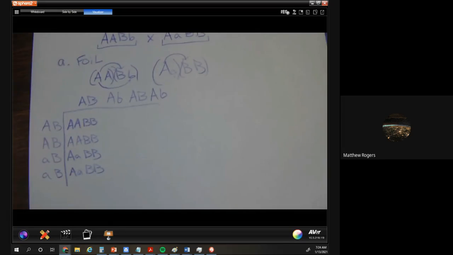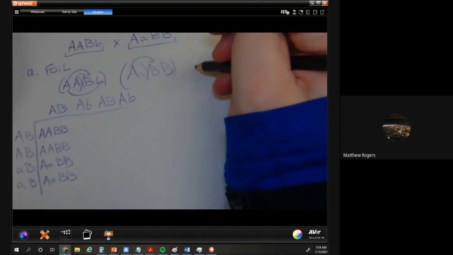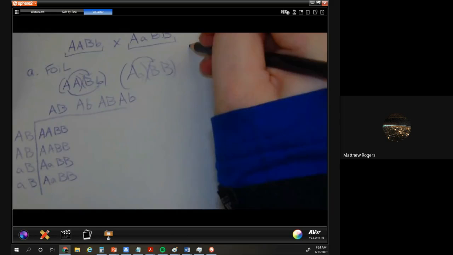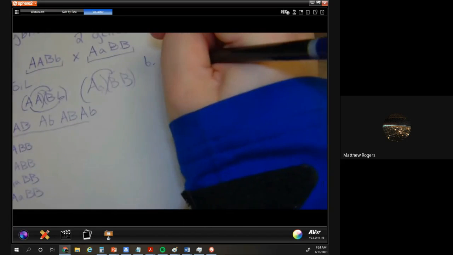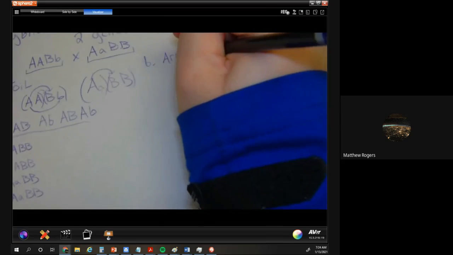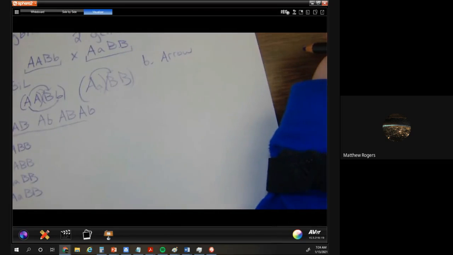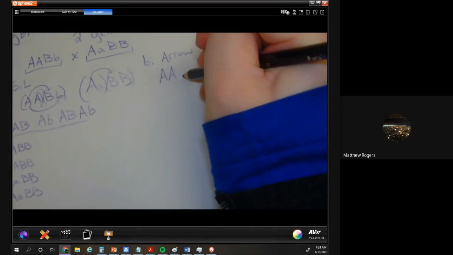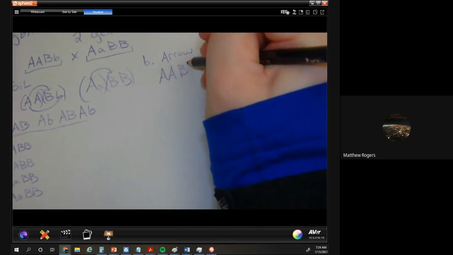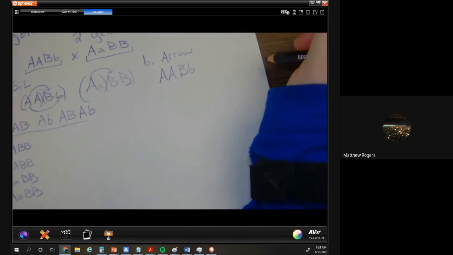There's other ways of doing it. One of the biggest ways is by using what's called an arrow method. Okay, the arrow method is just kind of what I did now, but it's kind of just a logic thing. So you look at what I just did between big A, big B, little b, and I think to myself, okay, each one needs to join with another partner at least once.